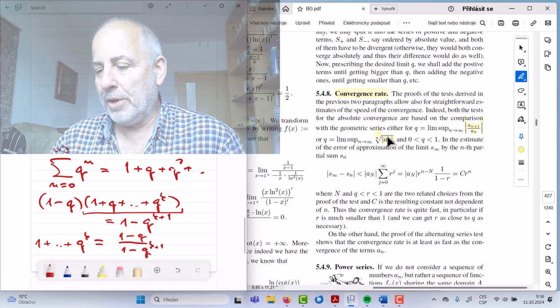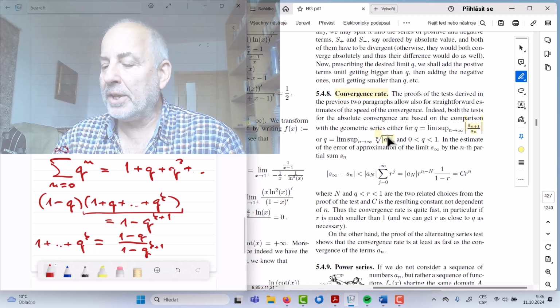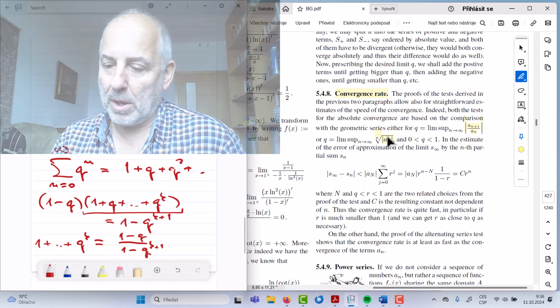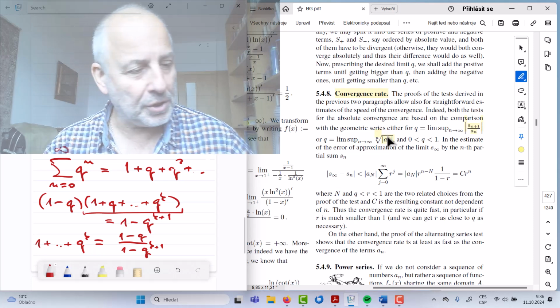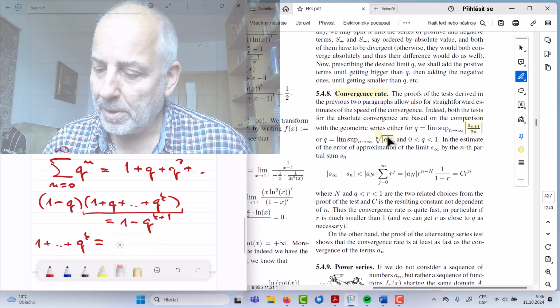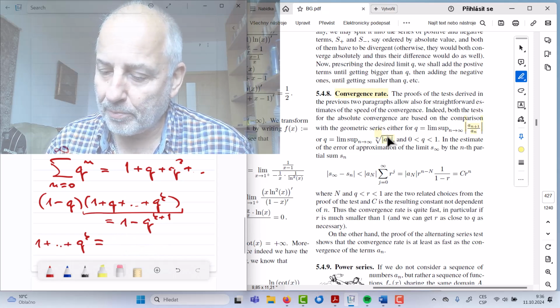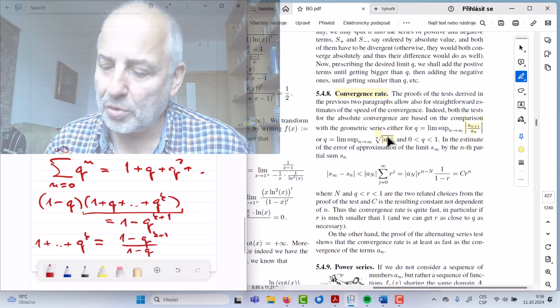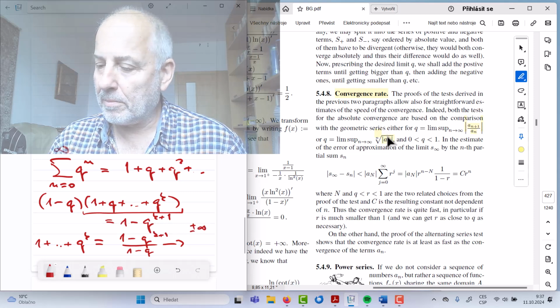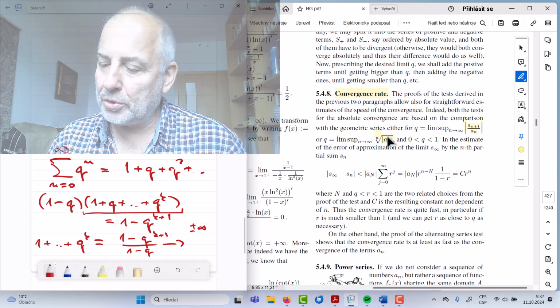And now if q is less than 1 in absolute value, then the limit will be, well, is it right? No, just the other way around. Sorry. It's (1 minus q^(k+1)) over (1 minus q), right? And you see this goes either to infinity, or it goes to 1 over (1 minus q).